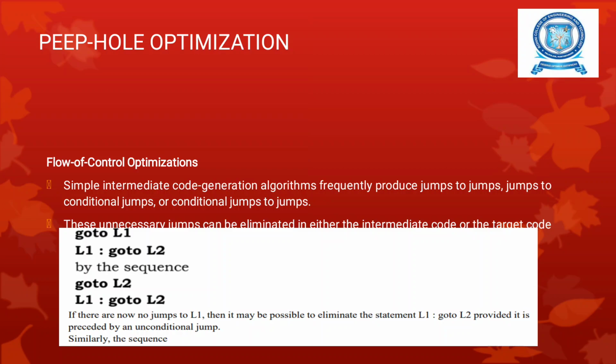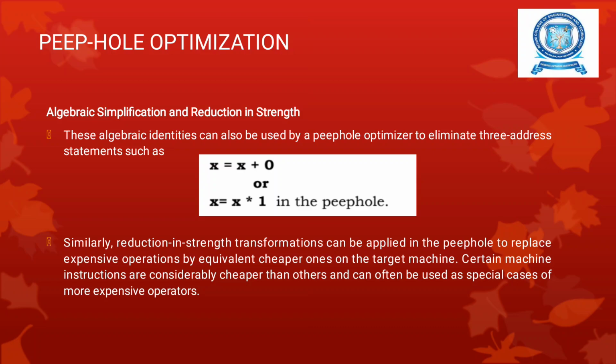So instead of these three lines, we can write the goto L2 directly. There is no need to write goto L1 here, since L1 has the definition goto L2. So we can directly write goto L2 in place of the goto L1.